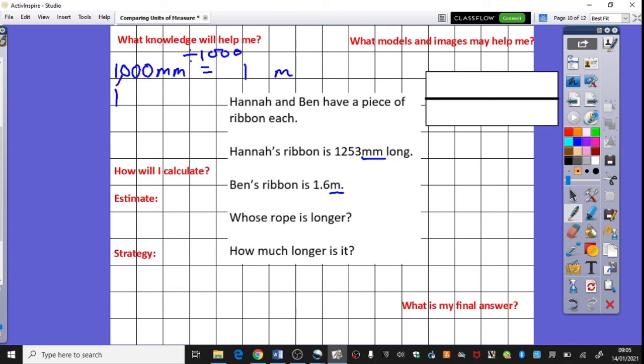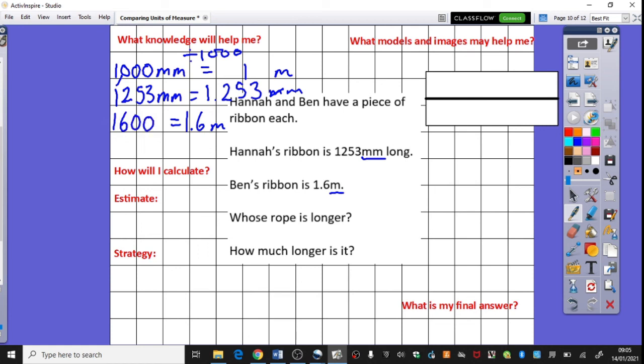So if I've got 1,253 millimetres, if I divide that by 1,000, it becomes 1.253. Now I need to think about, do I want to work in millimetres or metres, or do I actually want to take my 1.6 metres and convert it into millimetres? 1,600.